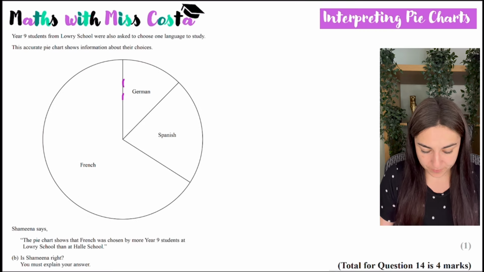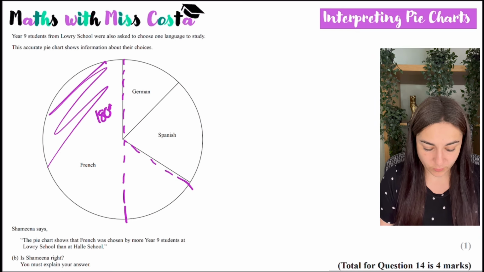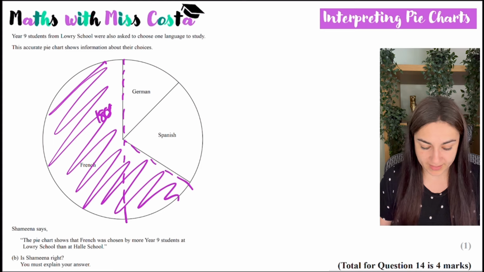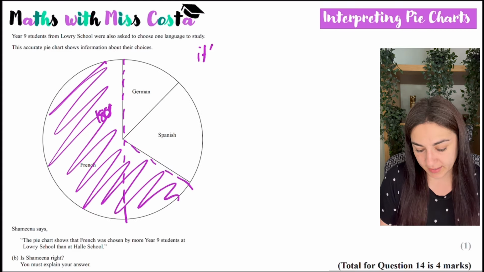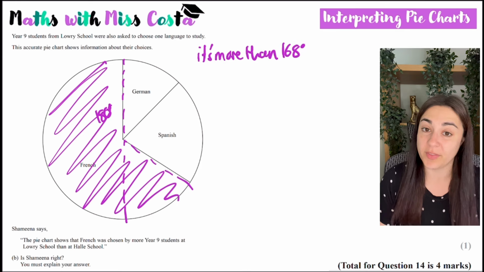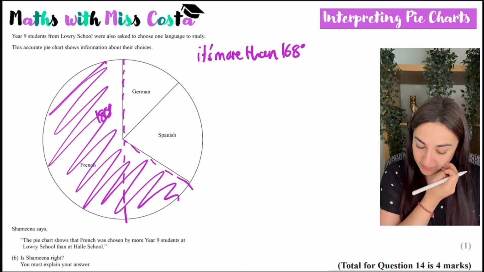Now, half of the pie chart would be 180 degrees, so all of this is more than 180 degrees. So we know it's more than 168 degrees, which is on the other side.